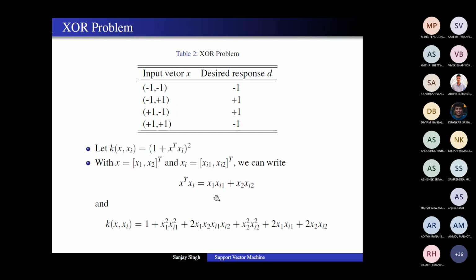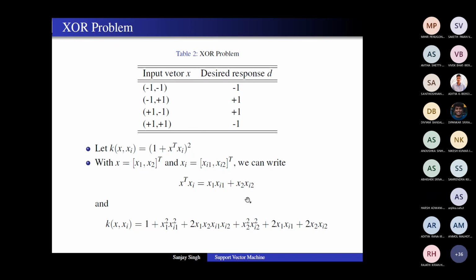This one is nothing but x1 xi1 plus x2 xi2, right? And now when I substitute this here and expand it, it becomes nothing but a plus b plus c whole square, so a square plus b square plus c square plus 2ab plus 2bc plus 2ca. From that logic, we get this formula.